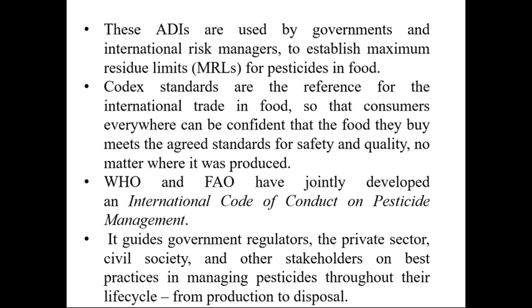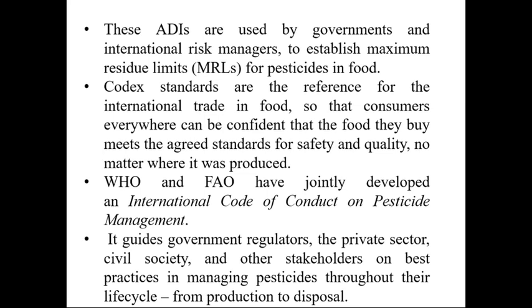The Codex standards are the reference for international trade in food, and these standards are set by Codex so that people all over the world have confidence in the food that they buy.